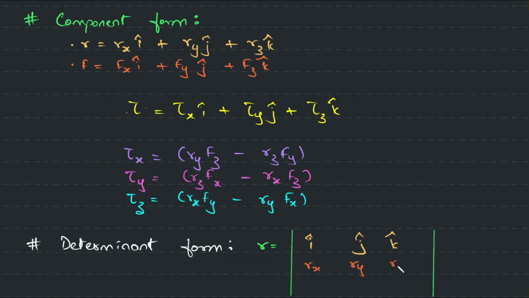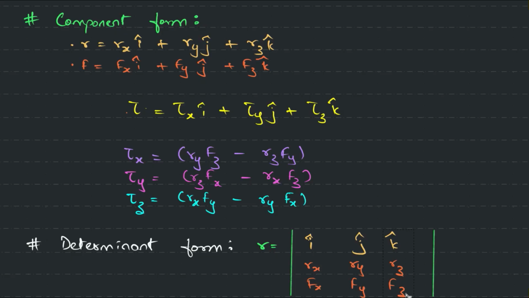Rx, Ry, Rz. You would not have done this matrix, I have not advised you to do it. This is one more form, and you have to learn a topic called matrix to understand this.